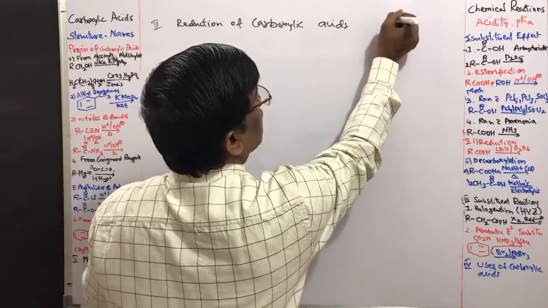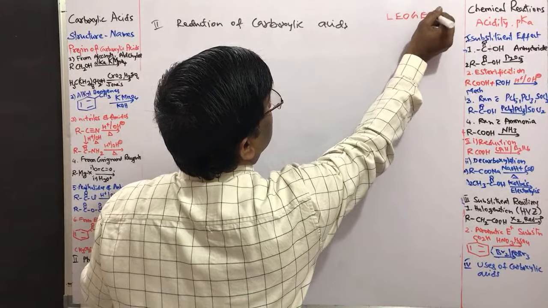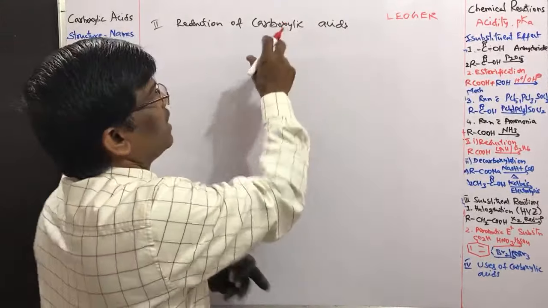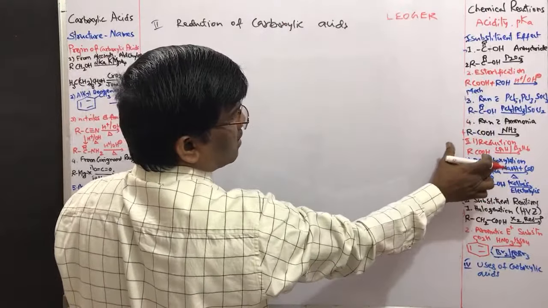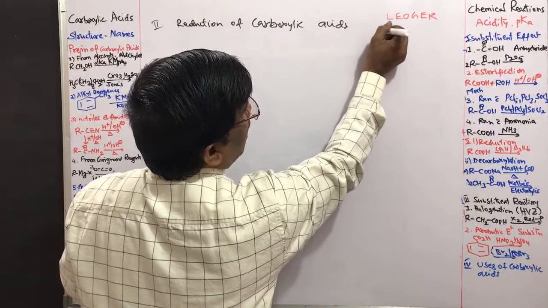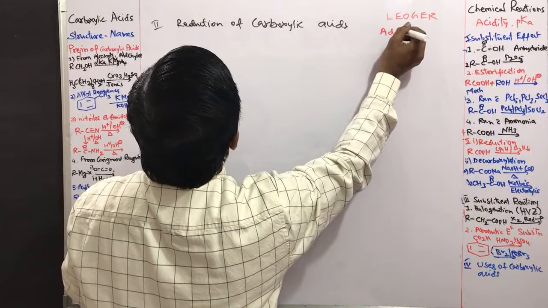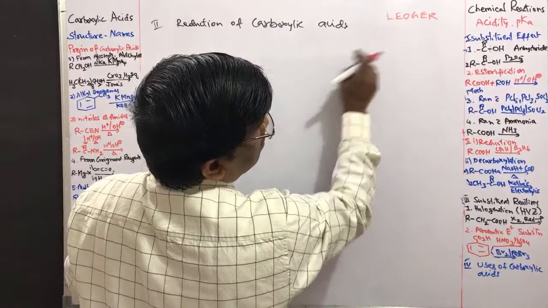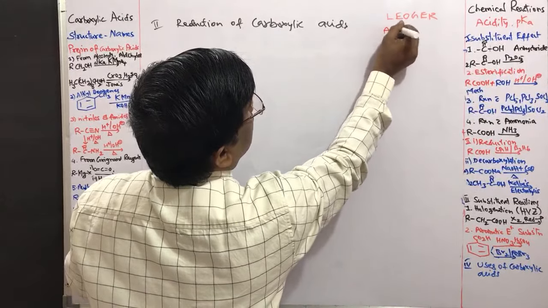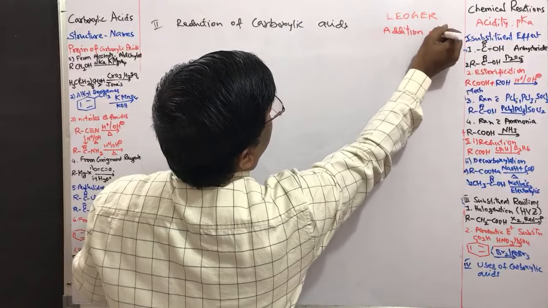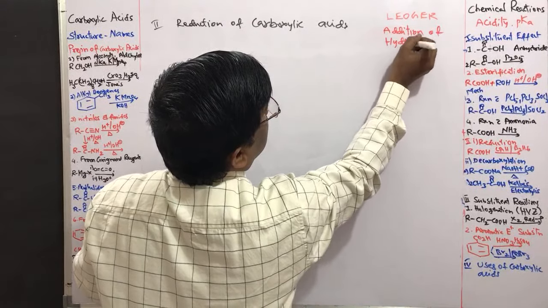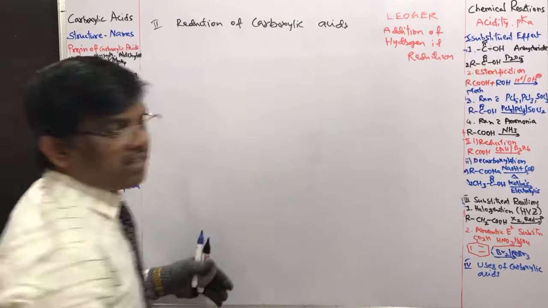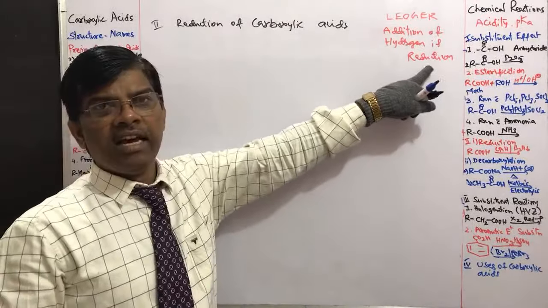Again, if I write LEO-GER, it says loss of electrons is oxidation, gain of electrons is reduction. In our context, addition of hydrogen is reduction. Addition of oxygen is oxidation, addition of hydrogen is reduction.